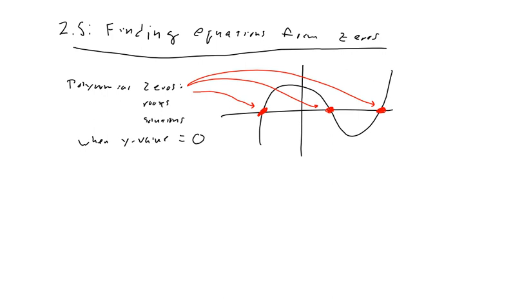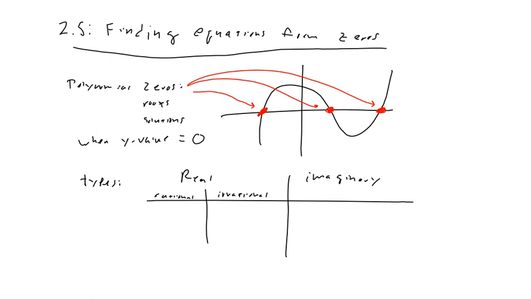And we have different types of zeros, right? There were real and imaginary zeros. And even in the real, there were rational and irrational. We talked about this last time.